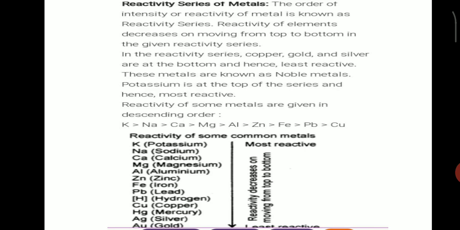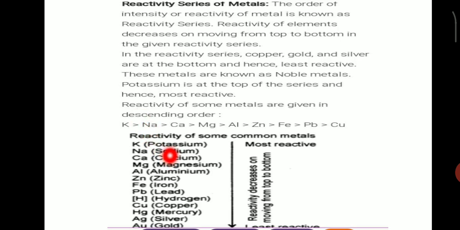We studied this in the first chapter: how a salt solution of a metal reacts with another metal. We studied that some metals are chemically very reactive whereas others are less reactive or unreactive. For example, potassium and sodium are very reactive.